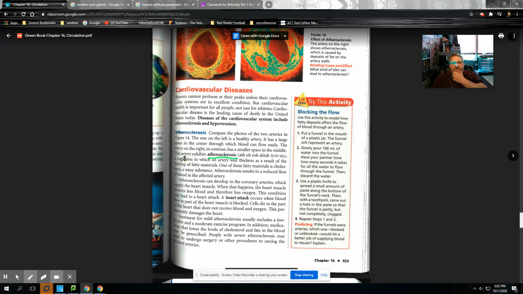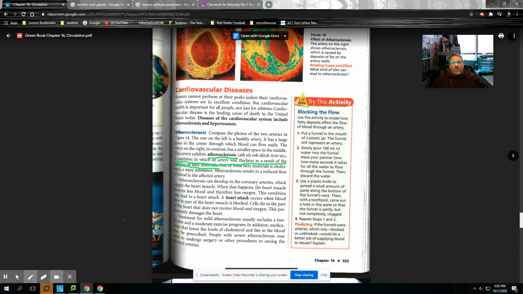It is a condition in which an artery wall thickens as a result of a buildup of fatty materials. Hit pause, and I'll come back in just a second.